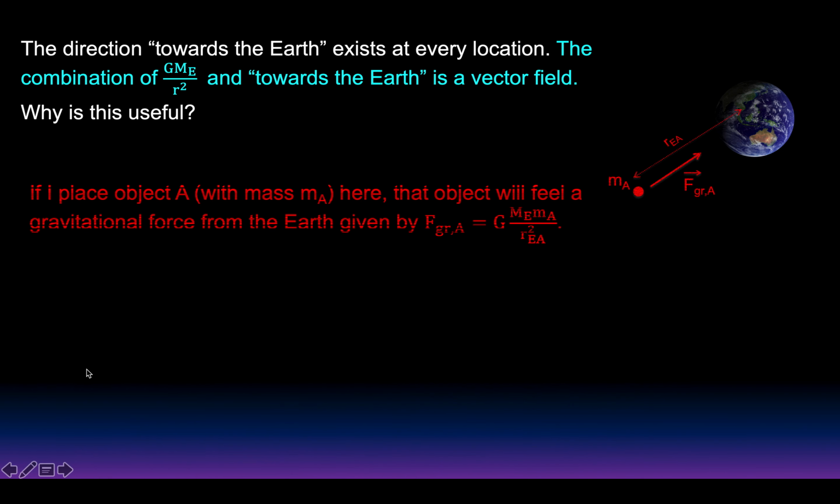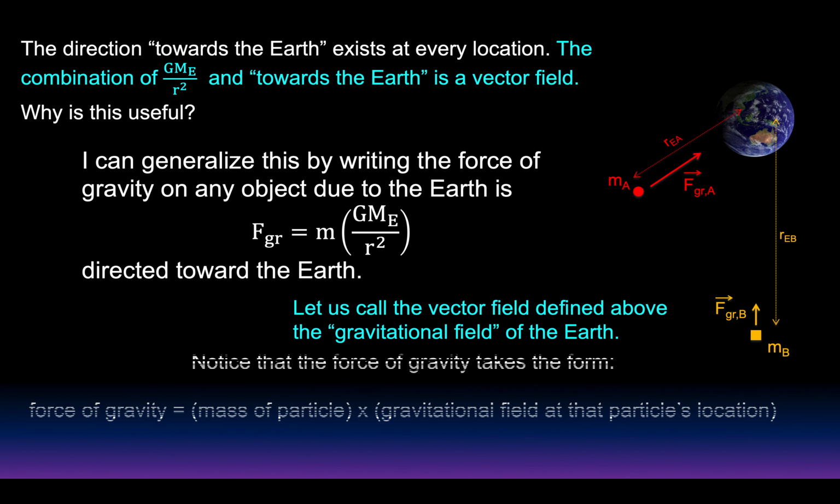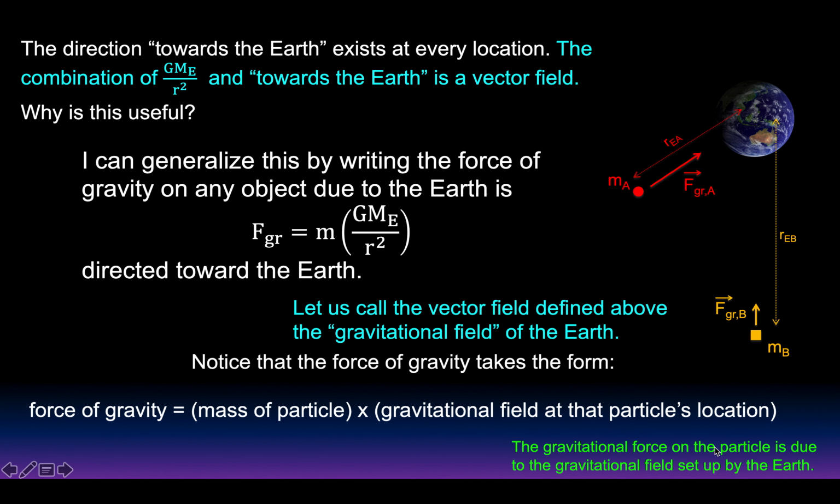So I can now generalize the strength of the gravitational force as being the mass of a particle multiplied by this field that exists on account of the Earth existing. So the gravitational force on the particle is a result of the Earth creating or setting up this field at every location in the universe.